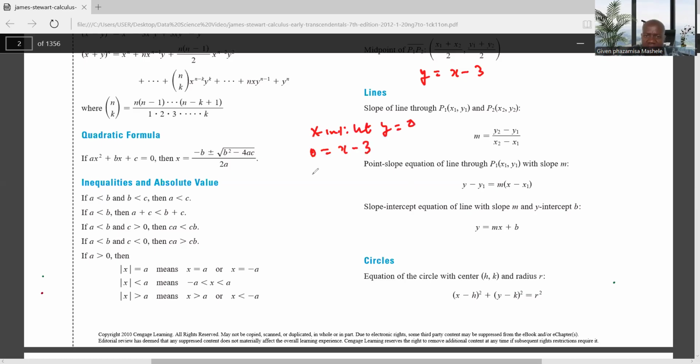You solve for x, then x becomes 3. Then the y-intercept will be, if you let x be 0, it will be 0 and minus 3. So if we were to sketch the graph, the x-intercept will be somewhere here. It will be 3 and 0. Then the other one will be 0 and -3.